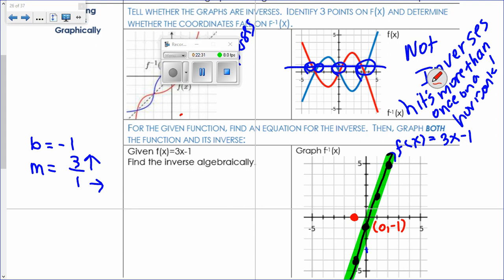All right. What's another point? 1, 2. So the inverse would be 2, 1. Okay? This is for inverse. But don't highlight it yet. Okay?